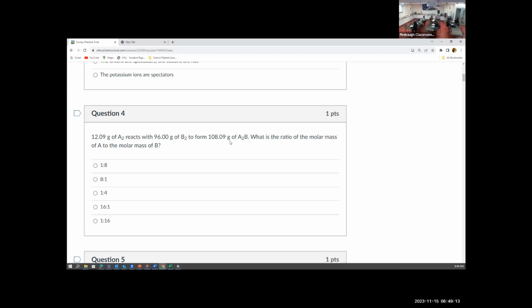But we also know that the ratio from A to B for our compound, for every 2 A's, we have 1 B in our compound. Does that make sense? For every 2 A's, we have 1 B. You guys see that? Okay, so that's going to be important to us, right?